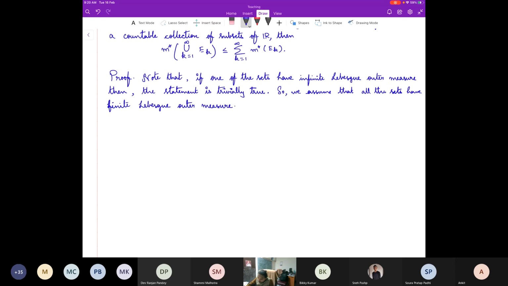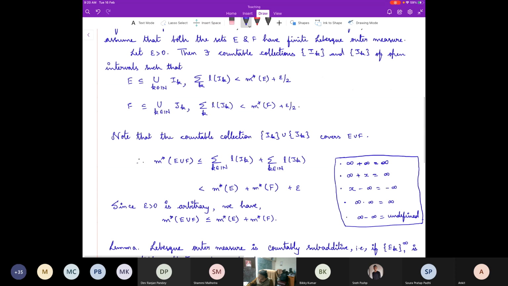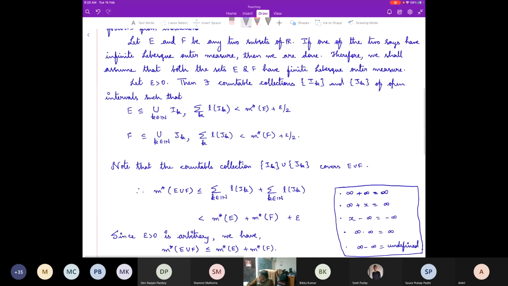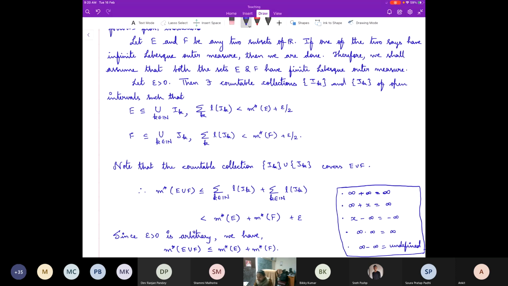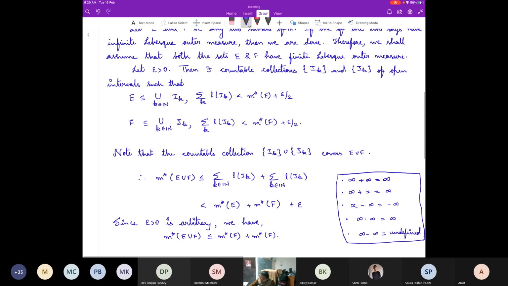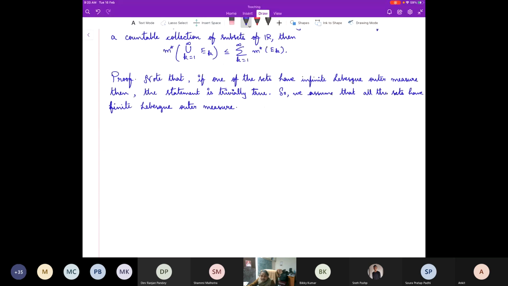So let's recall what we did there. Let's go back. How did we do the proof? We started with an epsilon, and then for each set we got a countable collection with this property: summation over k, length of Ik is less than m star of E plus epsilon by 2.